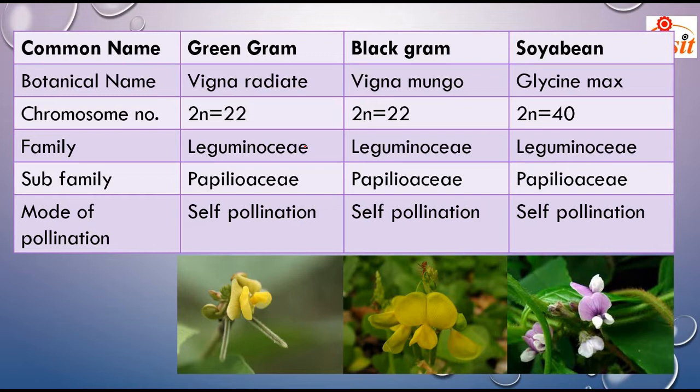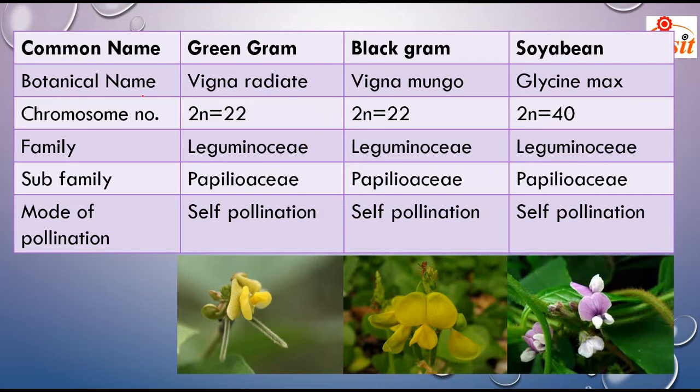So I made a comparative table here for your easy understanding, and I merged these three crops in a single video, because the dissection of these three flowers is the same, as the whole morphology of these three flowers is the same. So I shuffled these three crops in a single video.